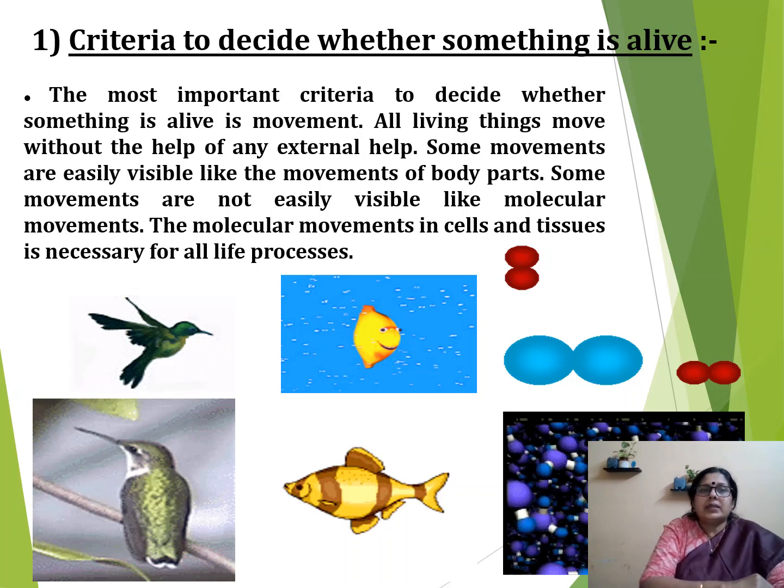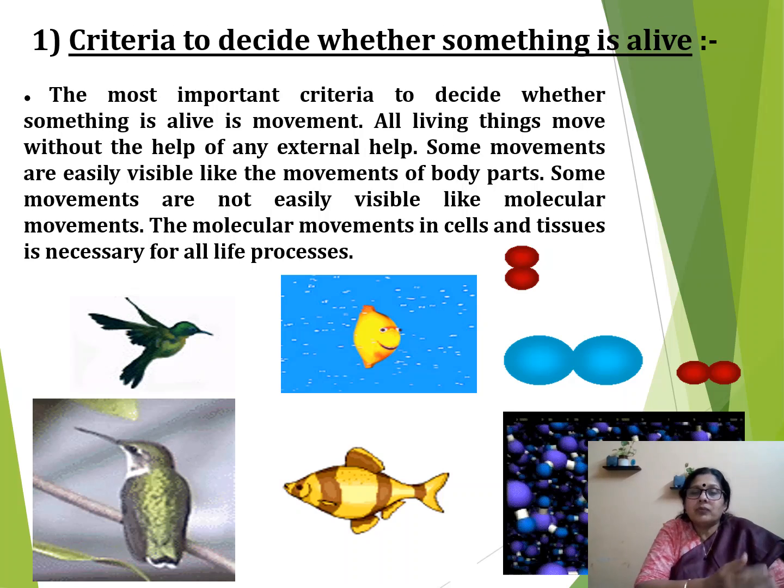And what is the criteria to decide whether an organism is alive or not? As all know, movement is the criteria to decide an organism is alive or not. All living things can move.